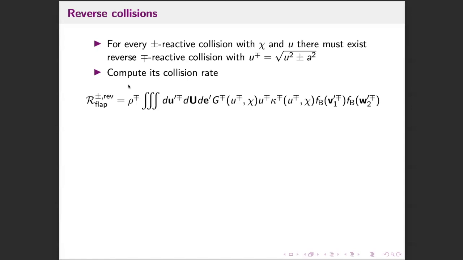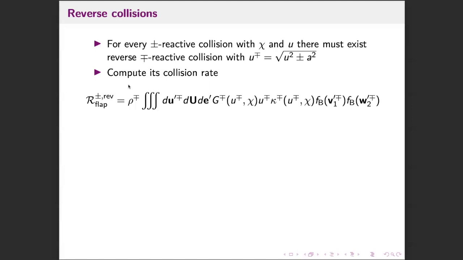Ordinarily that's followed automatically, because you count all the collisions that take a state away from what it was, and you count all of them that take it to the state from somewhere else. And there's only one type of collision ordinarily, so that follows automatically. But now you have a forward reaction and a backward reaction, and you need to explicitly relate them to each other. So that's what we do now.